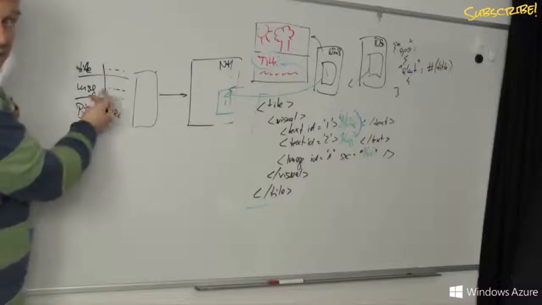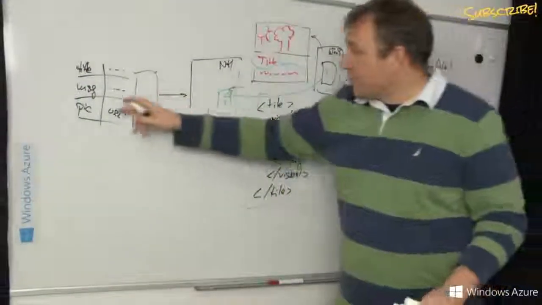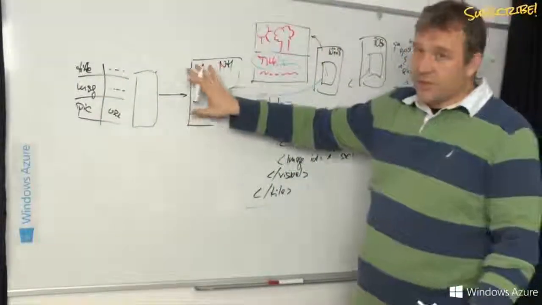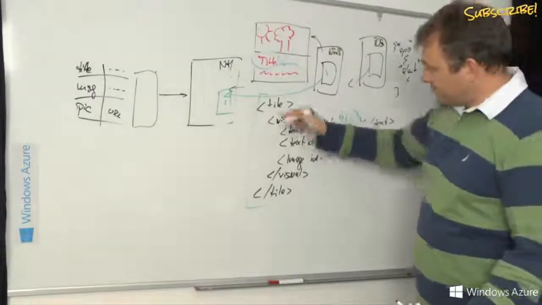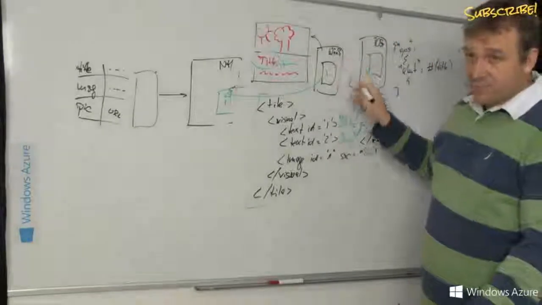So that's a string, and that's a string. So that message we're going to create from here, we're going to send that in. Now, in the notification hub, we're going to look at every single one of those templates, merge the data into it, and then push it out.